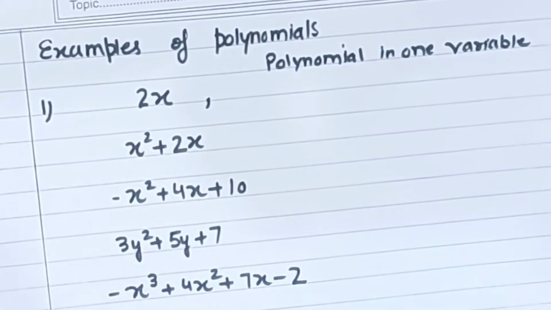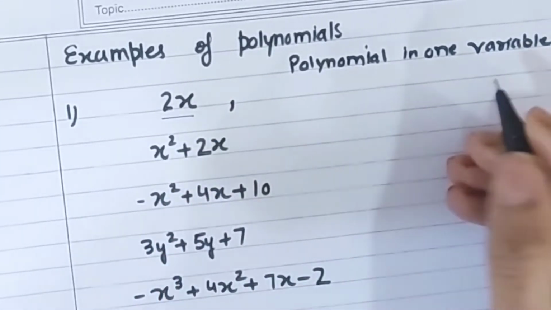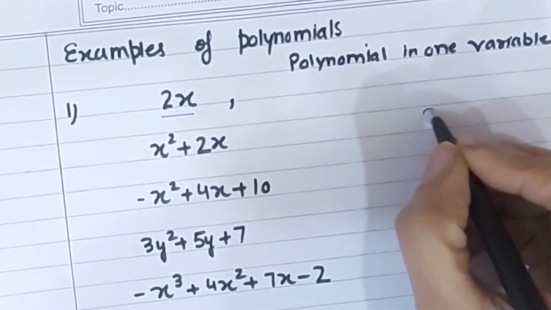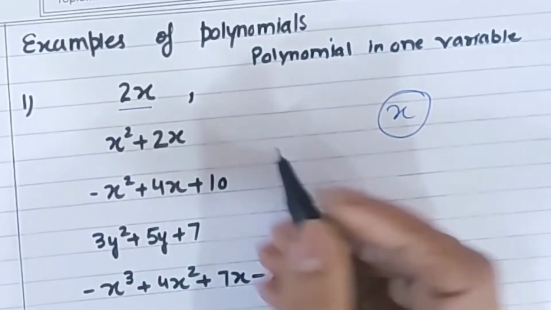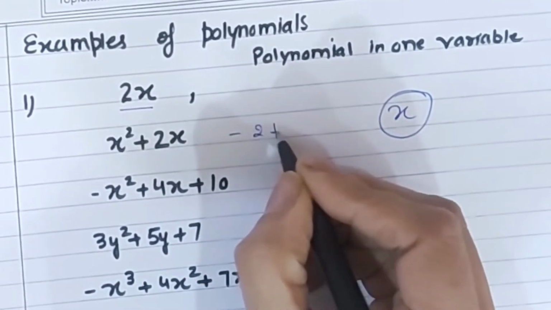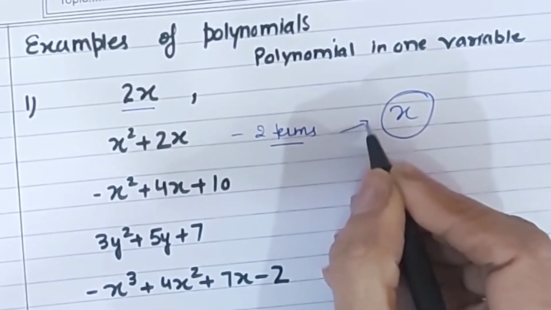Like this, 2x is a polynomial in one variable, which means the complete polynomial is in variable x. Suppose we have x square plus 2x. Here there are two terms, but this is a polynomial in one variable, that is x.